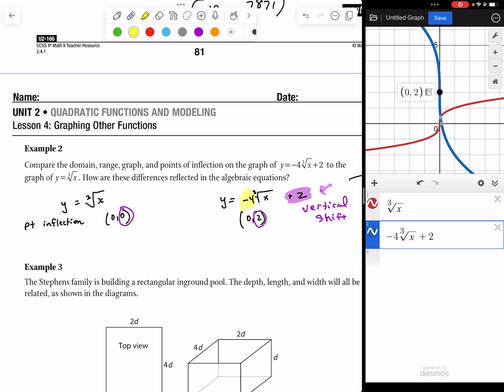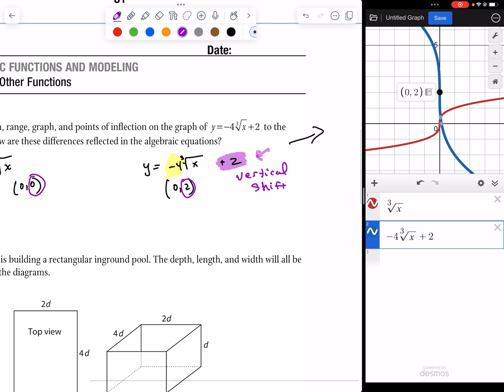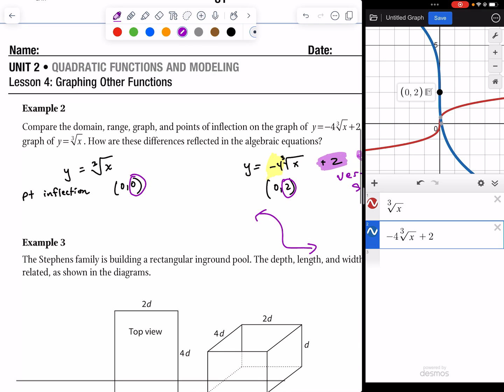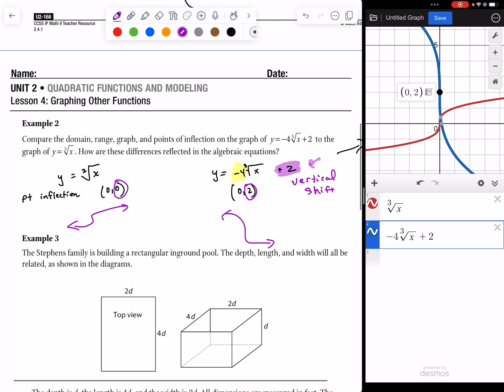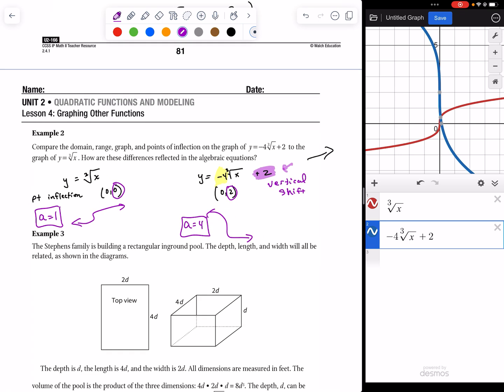The negative reverses the direction. So the negative will look like this. The positive looks like this. Now the 4 widens it. This is a equals 1. A is the number in front. This is a equals 4, so it widens it. So not only does it reverse it, it widens it.